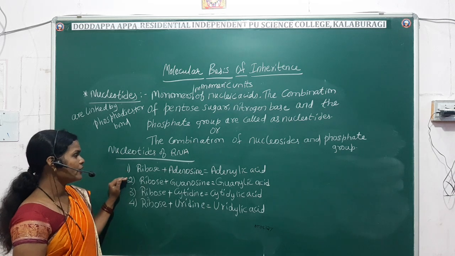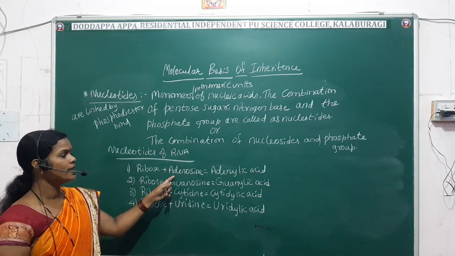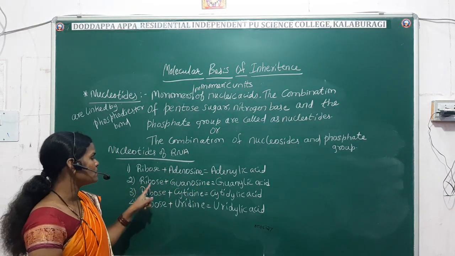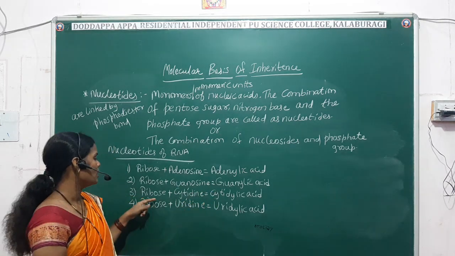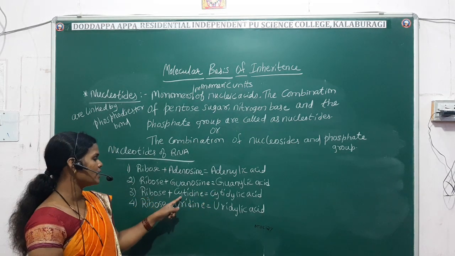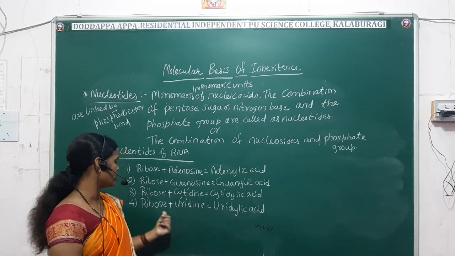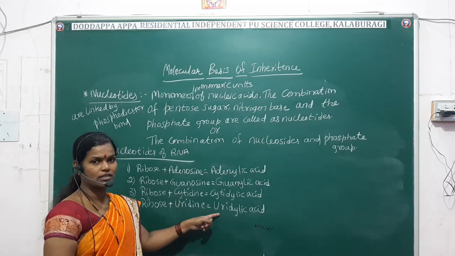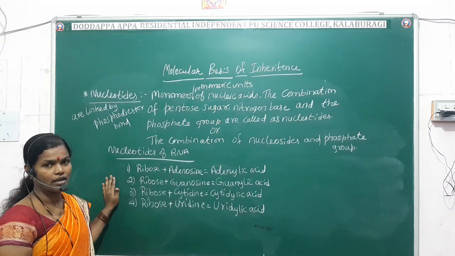Nucleotides of RNA: ribose plus adenosine is equal to adenylic acid. Ribose plus guanosine is equal to guanylic acid. Ribose plus cytidine is equal to cytidylic acid. Ribose plus uridine is equal to uridylic acid. These are the nucleotides of the RNA.